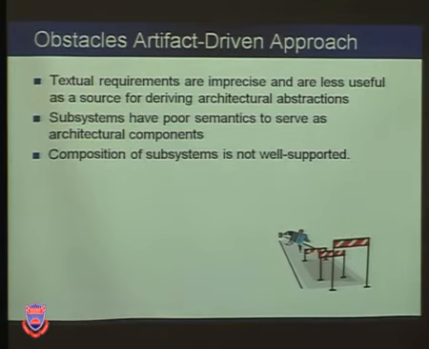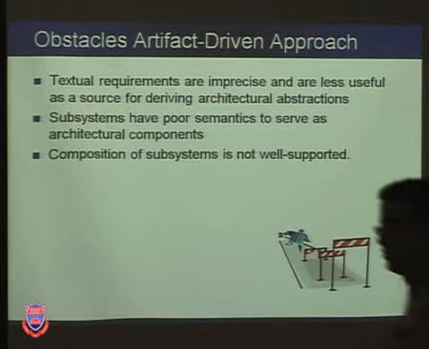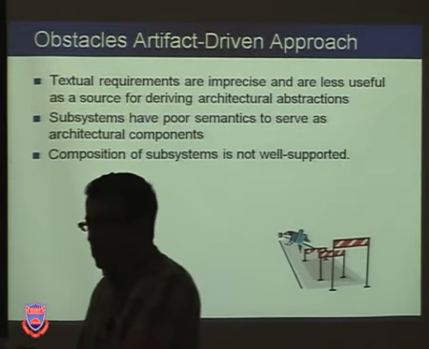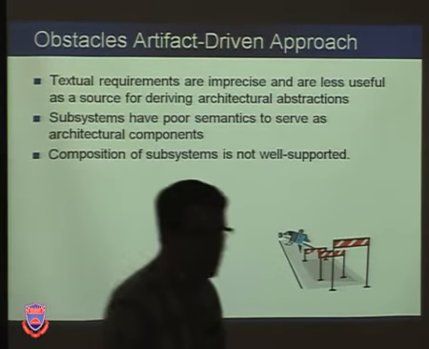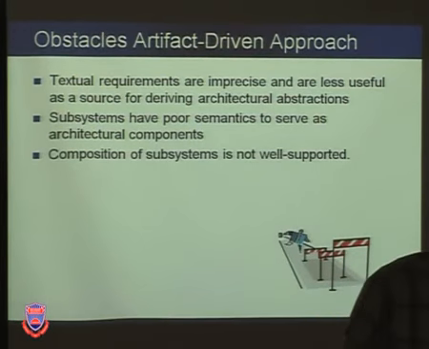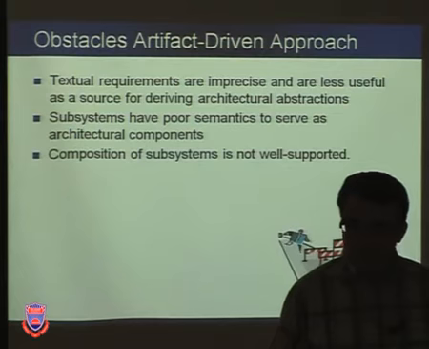The subsystems are just grouping mechanisms, have poor semantics to serve as architectural components, and the composition of these subsystems is not well supported. How do we know? First identify the components, then the relations, but usually in these kinds of methods it's not well explained. Is this clear?